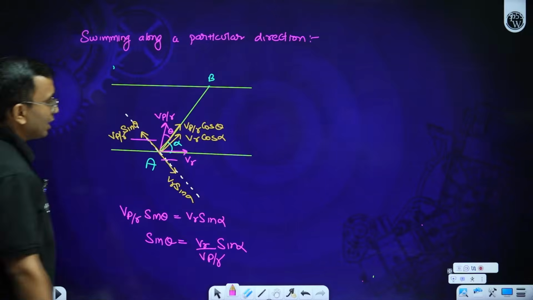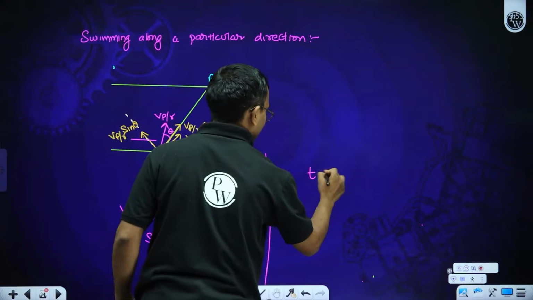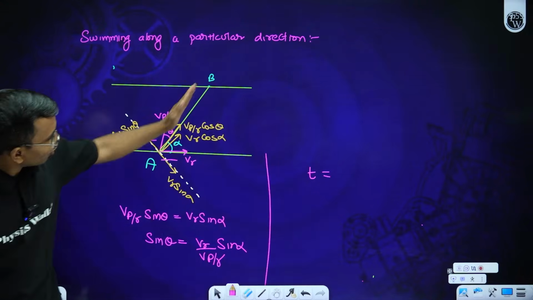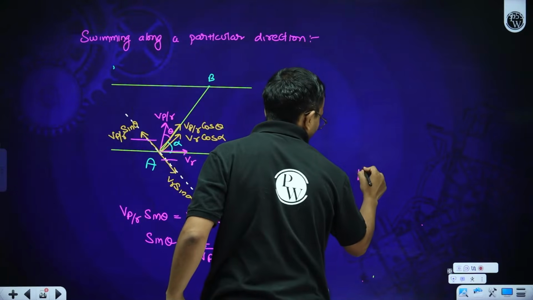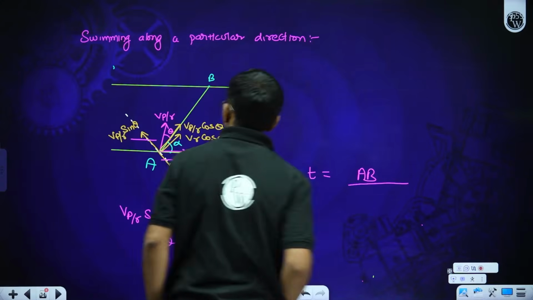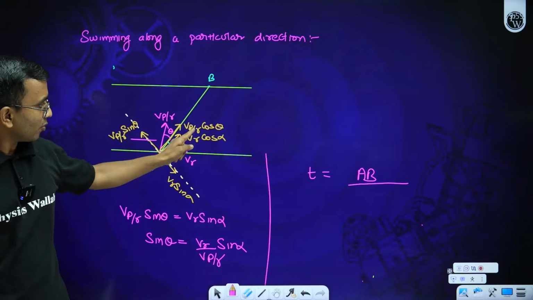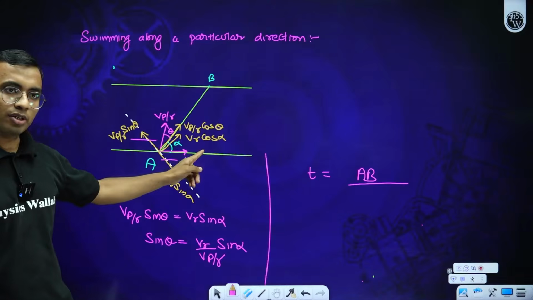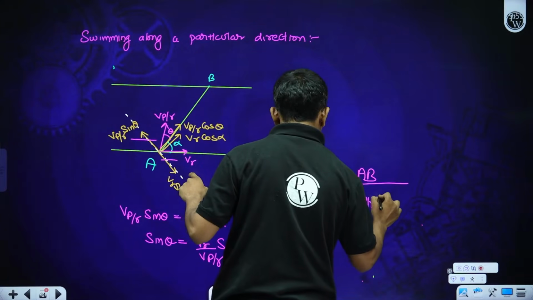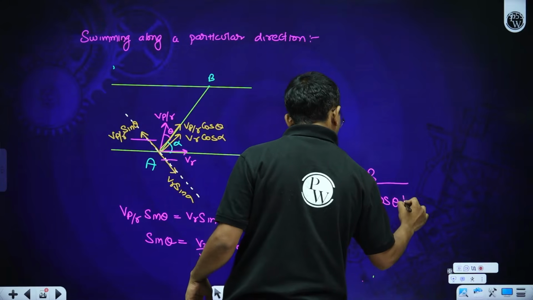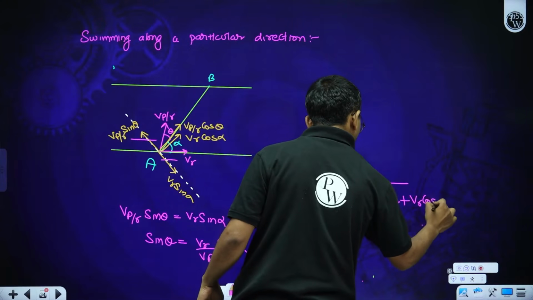Then the time it takes to cross: time will be the length of AB divided by the total velocity, which is velocity of person with respect to river cos theta plus velocity of river cos alpha. That's all.